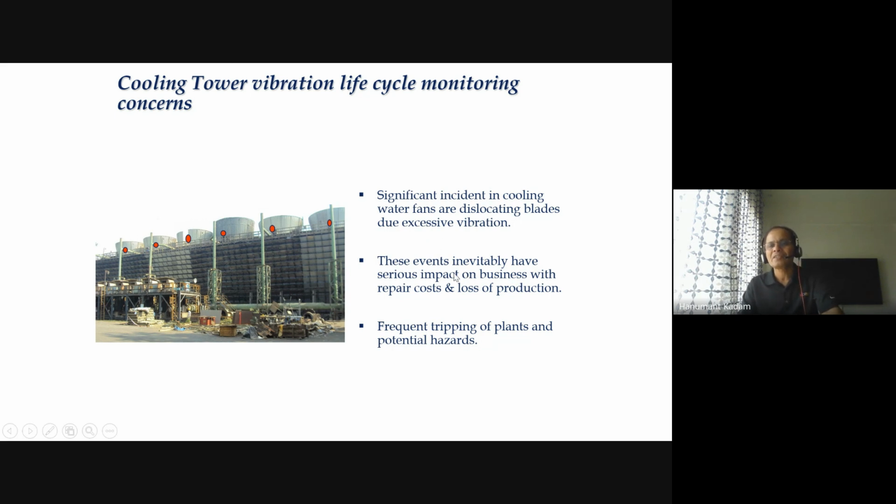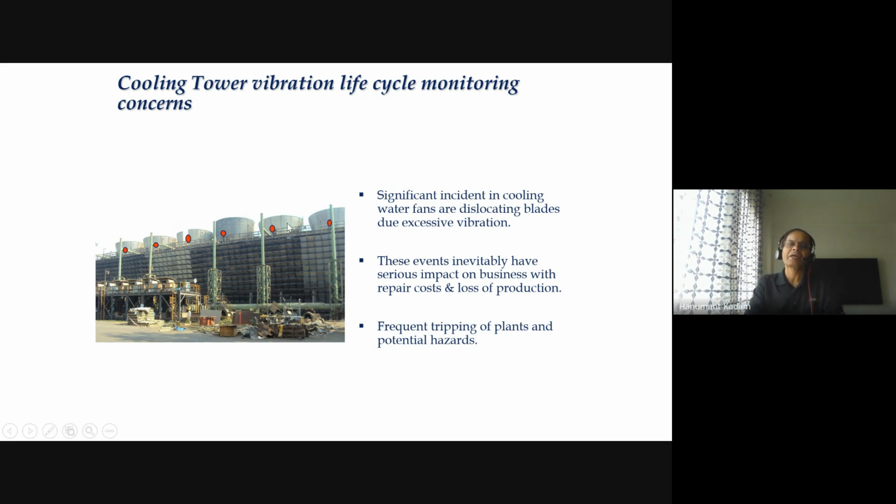These events inevitably have a serious impact on the business. If one of the fans is not working, the cooling water quality definitely gets degraded, and your product processing either requires more energy, or the quality of the product, or the volume or quantity of the product decreases. So these events inevitably have a serious impact on the business, with repair cost and loss of production, frequent tripping of plants and potential hazard.